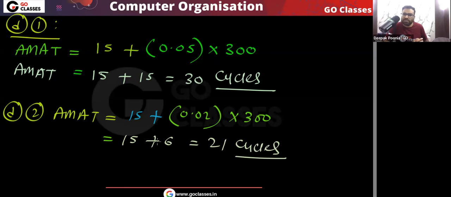One interesting thing, did you notice? With 95% hit rate, we are getting an average memory access time of 30 cycles.